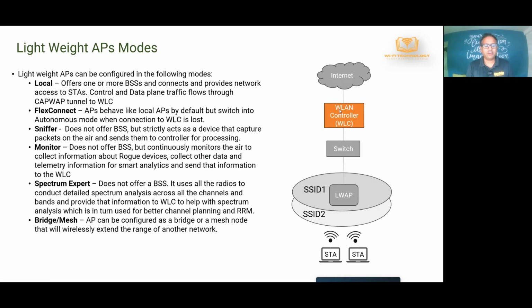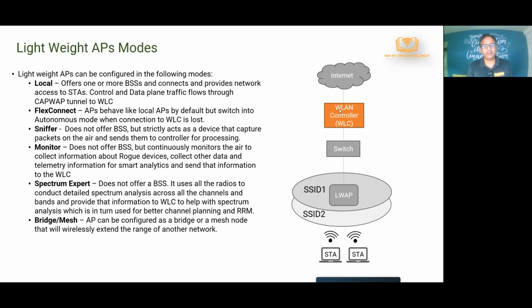We also have the Flex Connect mode, where the AP can behave as a local AP by default, which is a controller-based AP. But if there is a failure on the wireless LAN switch or the controller, then it can switch automatically to an autonomous AP, right?